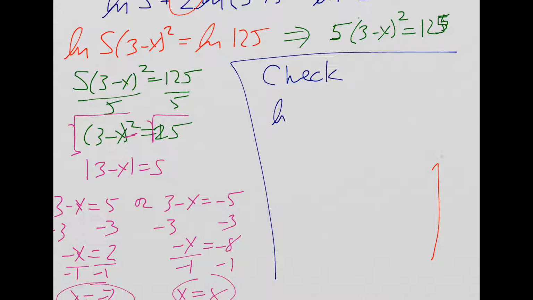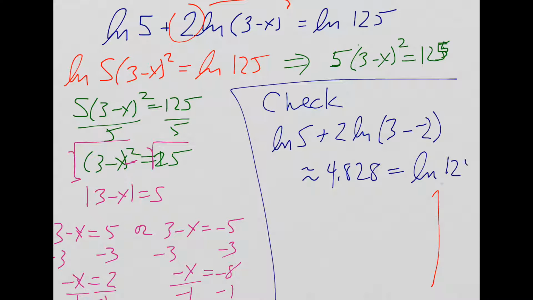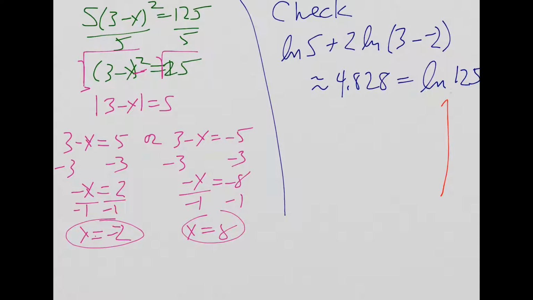If I take the natural log of 5 plus 2 times the natural log of 3 minus a negative 2, and this all I can plug straight into my calculator, I will get about 4.828, which is the same thing as the natural log of 125. So this checks. Negative 2 checks. I'm good with that.